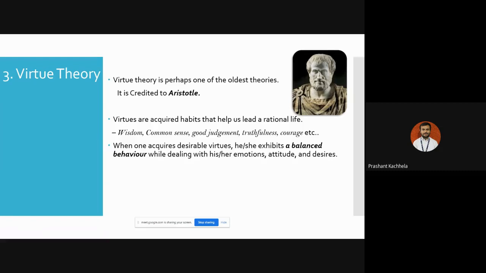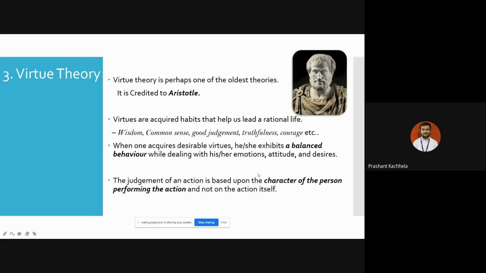So if we take help from there, we know that they have a few habits on the basis of which they make their judgments, and it is also proven to be successful. Right? For them, sticking to those habits, sticking to those virtues, is helping them to grow as well as to identify what is right and what is wrong. So that's why it can definitely lead to a balanced behavior. That's the main meaning here.